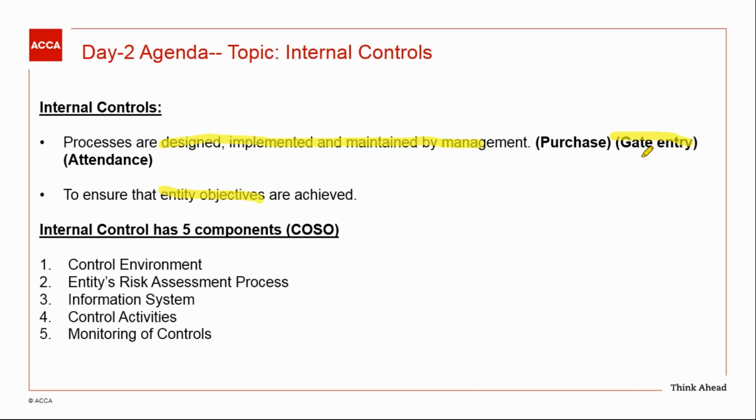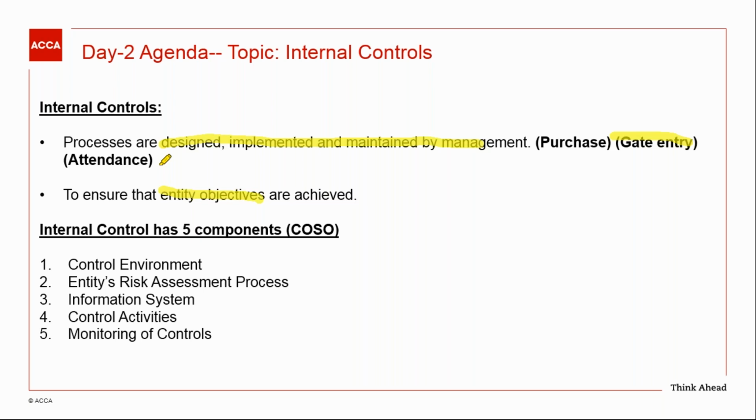Now I will come to another example. Please listen to my words and be focused. Now this is an example for you. I will tell you the internal control, and you will tell me the control objective behind this control.